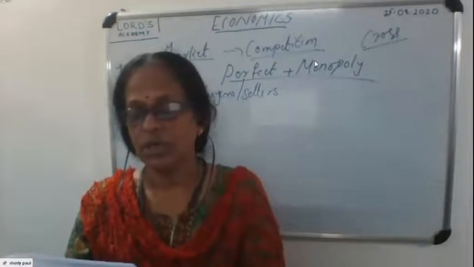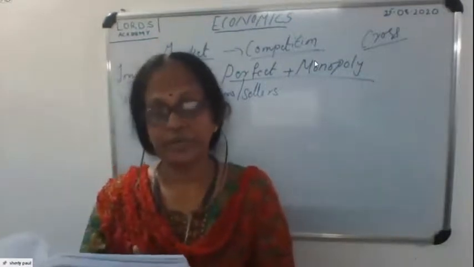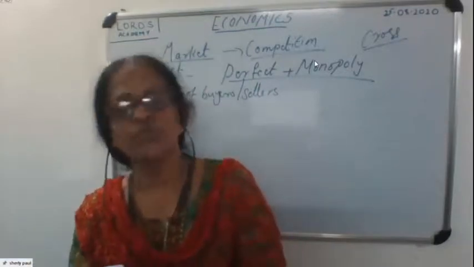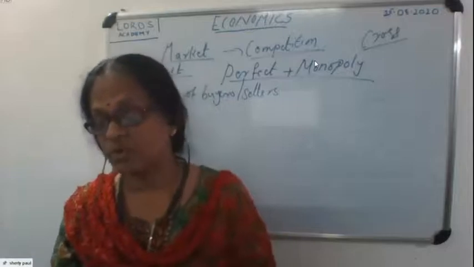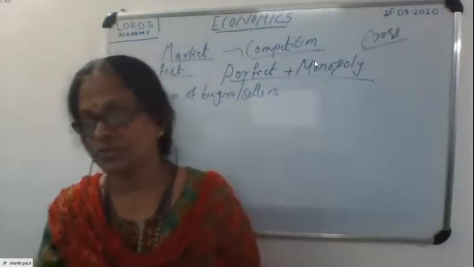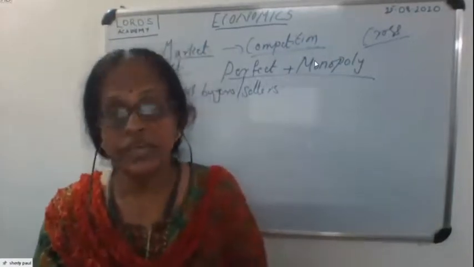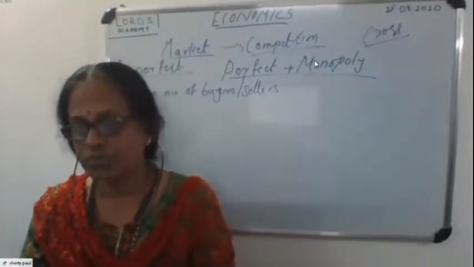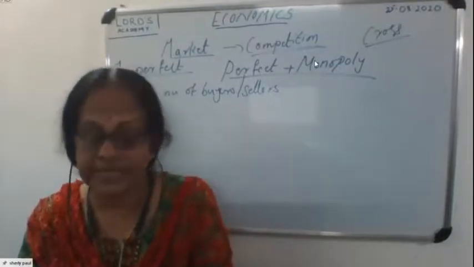Relatively small. Here, relatively small, but there in perfect competition, too small, not at all relative. Here, the word used all through the paragraph is small compared to the overall size of the market. This ensures that all firms are relatively competitive.